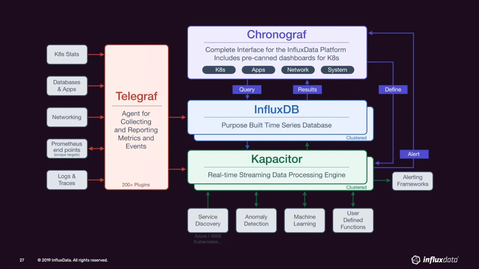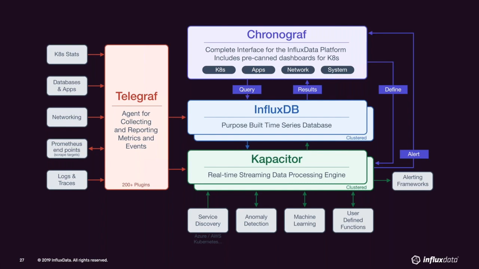All that data comes into InfluxDB and Kapacitor. When it's in Kapacitor, it's great for facilitating functions, machine learning, anomaly detection, and alerting. If there's something off, it can push that data into an alerting framework and let you know. When it goes into InfluxDB, it is compressed and stored so that you can begin querying immediately.